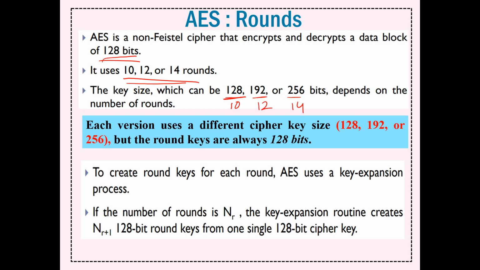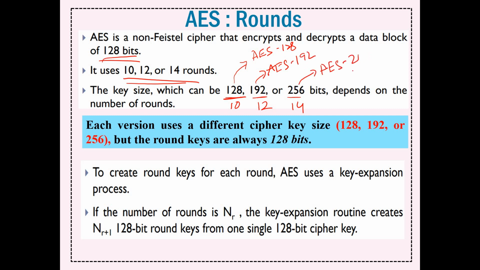If you are having 14 rounds, then you are going to use a 256-bit key. If it is 10 rounds, then it will be a 128-bit key. And usually there is a term for it: we call this AES 128, like a version, this is AES 192 and this is AES 256.